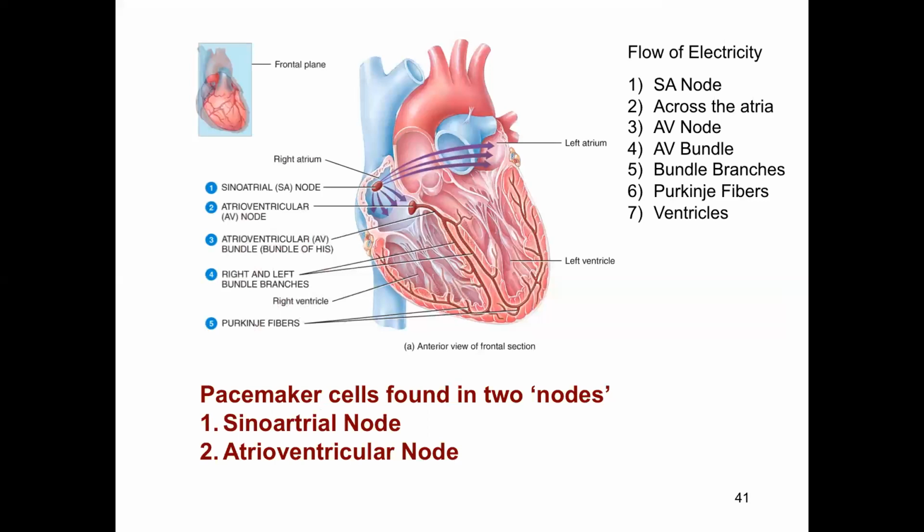These send the wave of depolarization into the neighboring muscle cells, which will contract in rhythm with them, okay? So it's going to fan out from the nodes, and we'll start here at the SA node. So we have our electrical activity here. These cells are going to contract, and through the gap junctions, they're going to send electrical impulse and a wave of contraction across the atria. So a flow of electricity: we start at the SA node, then it flows across the atria.